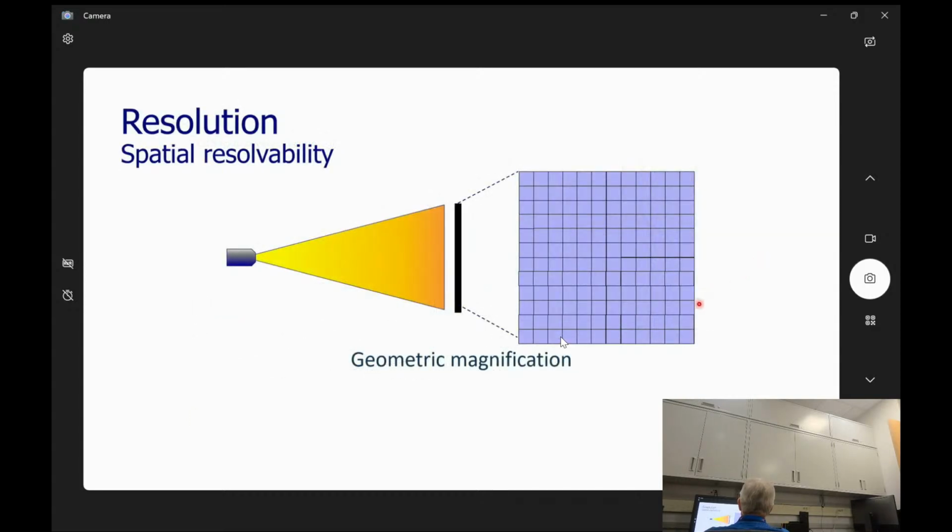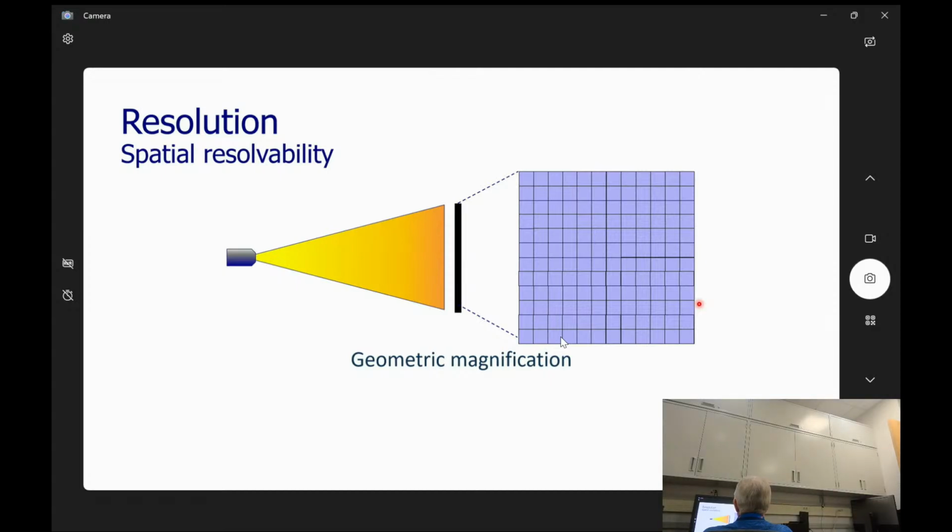Now, in an SEM, resolution is driven by the size of the beam and the beam interaction volume. So we can get down to maybe a couple nanometers in an SEM, lateral resolution, gold on carbon, something like that.